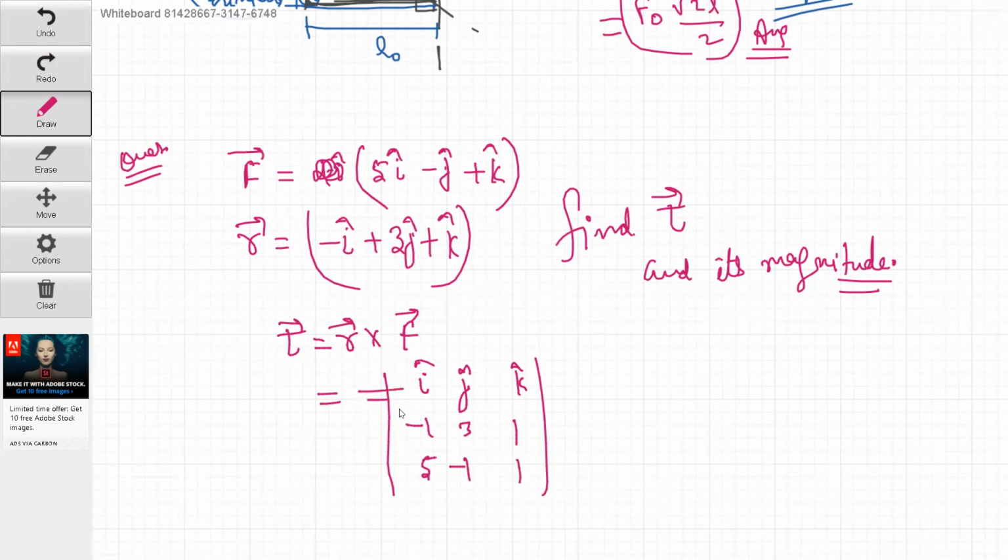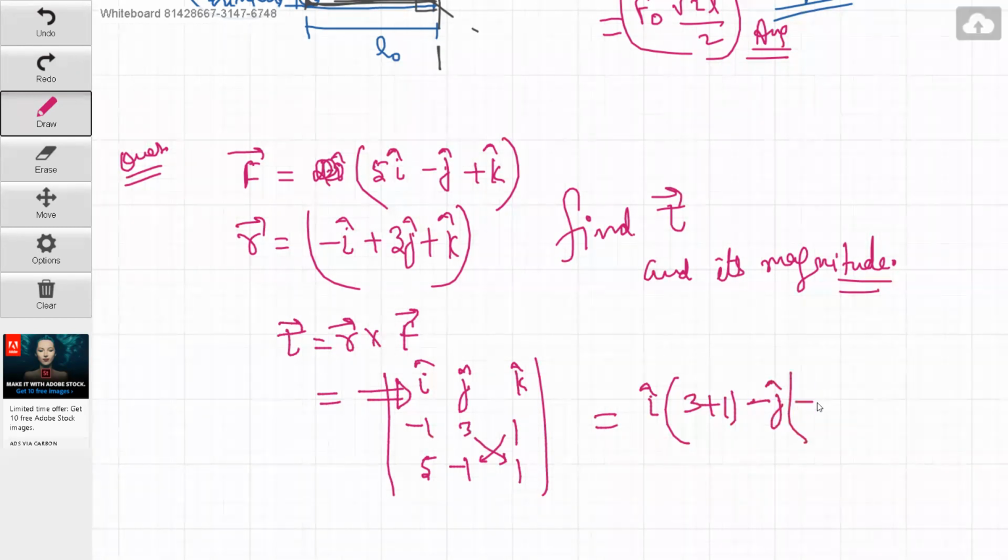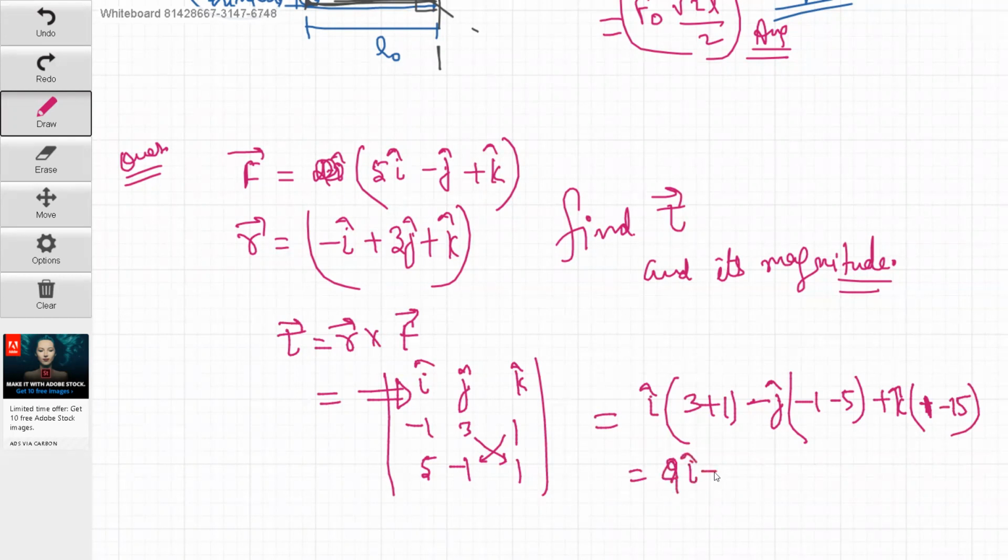If you open it by cross multiplication, i cap is 3 minus minus 1, minus j cap into 1 minus 1, that is -1 minus 5, plus k cap, that is equal to 1 minus 15. So that is equal to 4 i cap plus 6 j cap minus 14 k cap. Hope you understand.